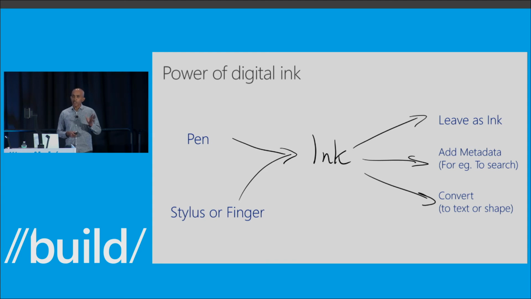A side note here, since I get this question asked a lot, what's the difference between a pen and a stylus? A pen like this that ships on Surface 3 is a precision device. It actively communicates with the device. It is great at capturing details.